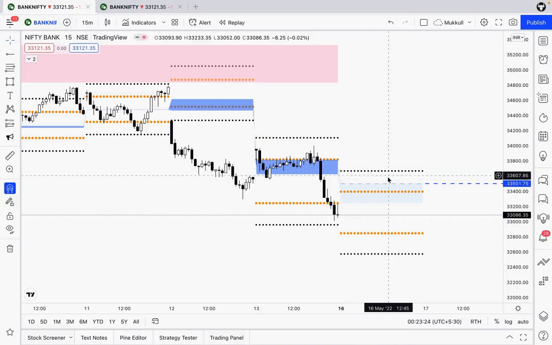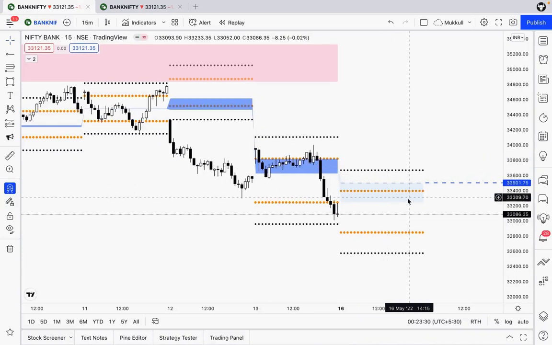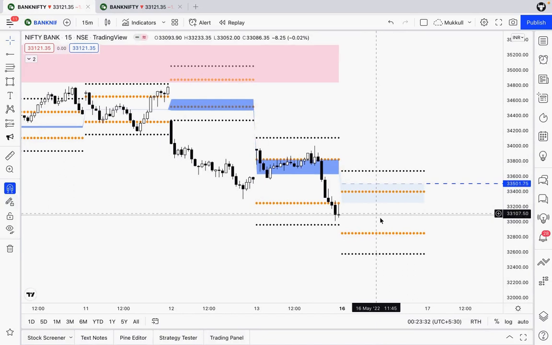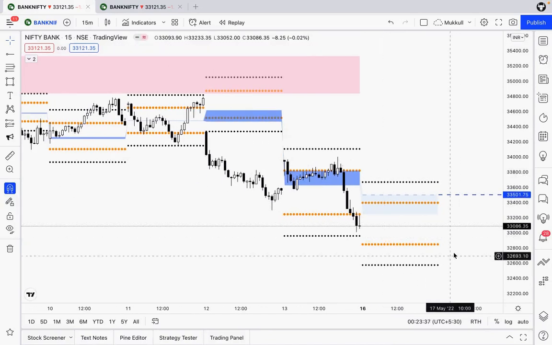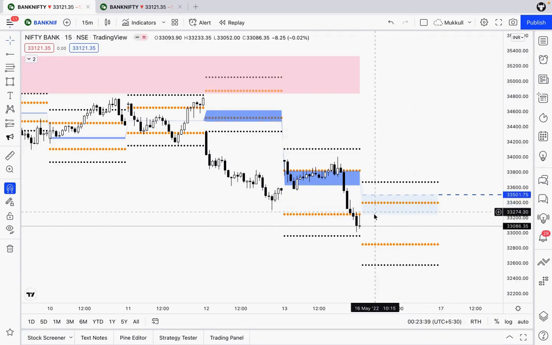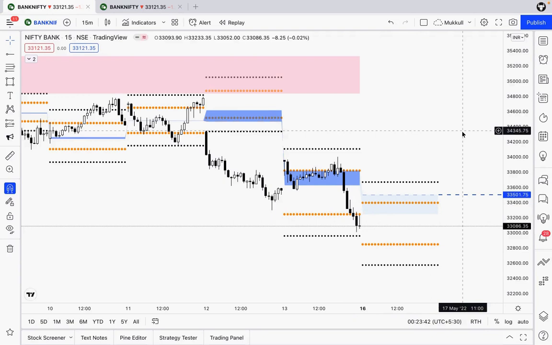We can again see a good fall if you are not able to break this particular level, because we have a set trend, which is being indicated by the GPZ. So you cannot just go and take longs here and sit for a momentous move on the upside.